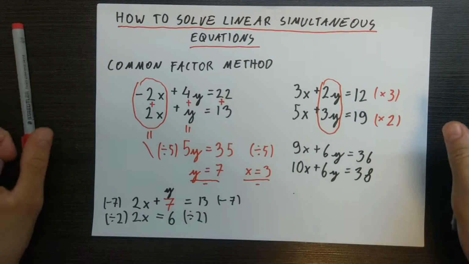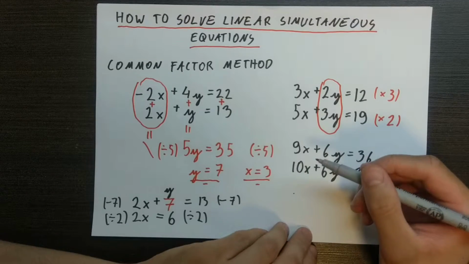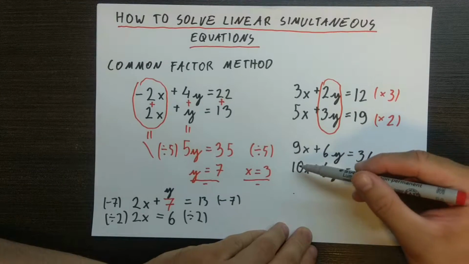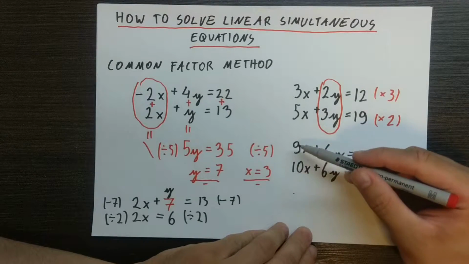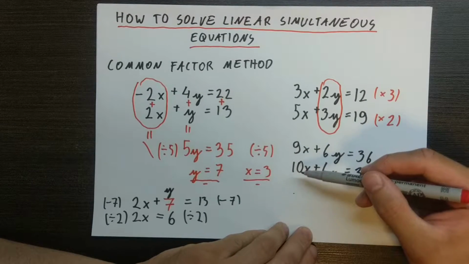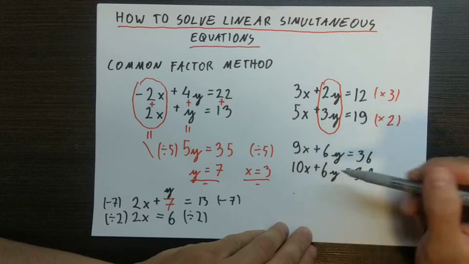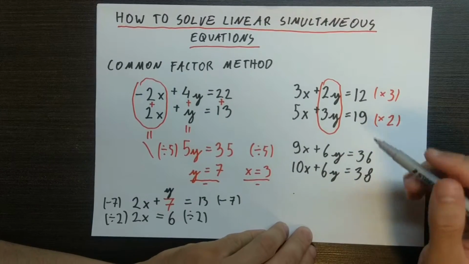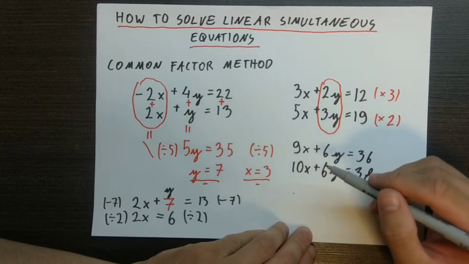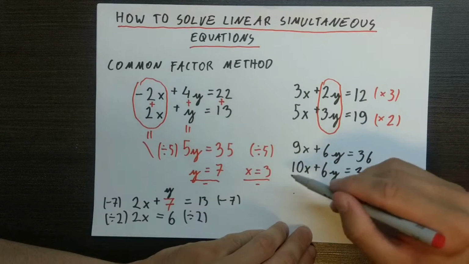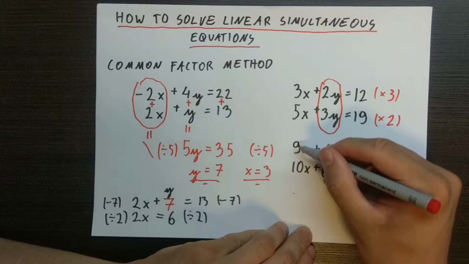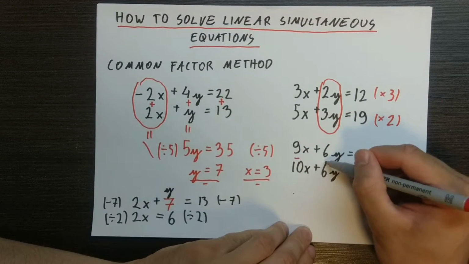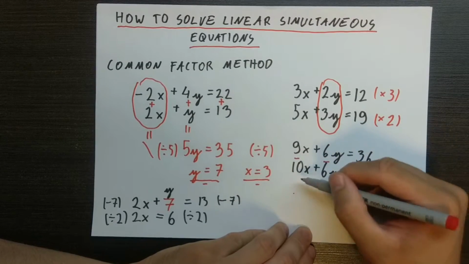So let's do that. We can subtract this equation from this one or this one from this one, as long as we're careful with all the signs, that should give us the same answer. But for the sake of simplicity, let's do it from top to bottom. So this equation minus this equation. Here's the minus, here's the minus, and here's the minus.